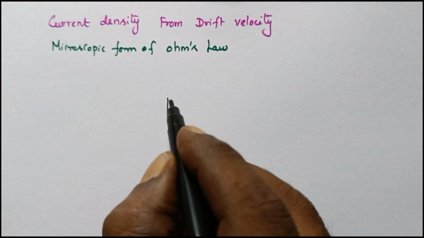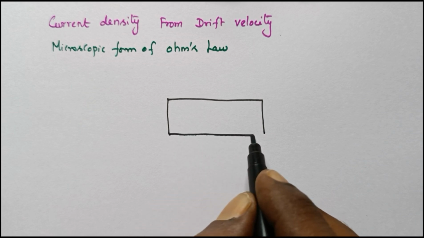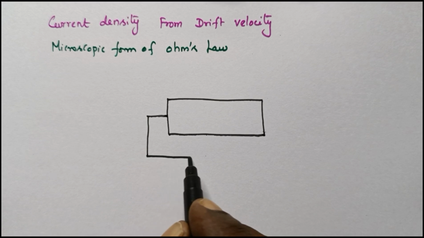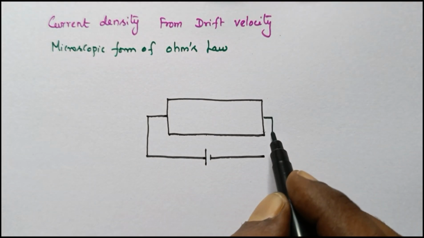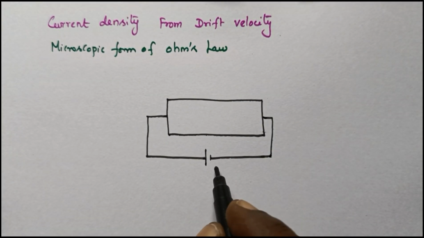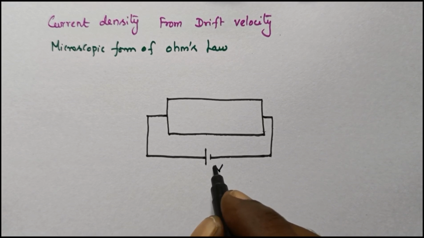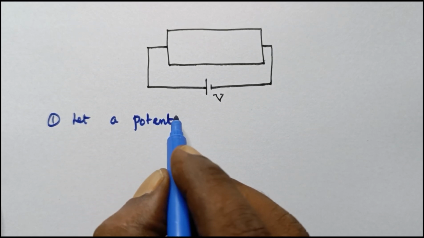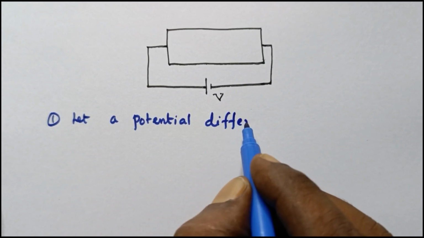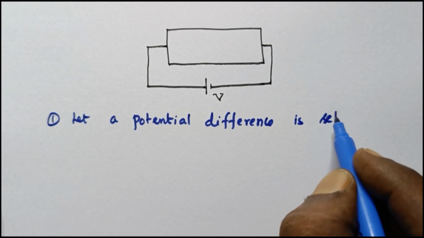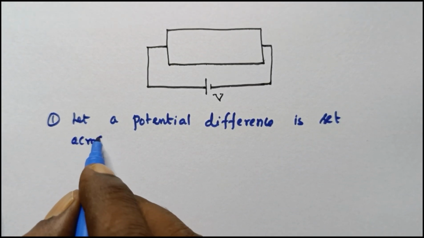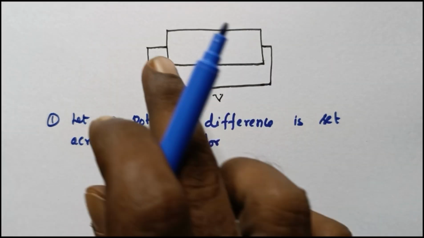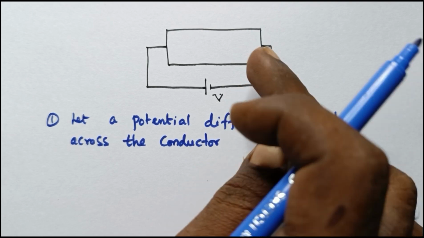Let us consider a conductor. This is a conductor. This conductor is connected to a battery. The potential of the battery is V. Let a potential difference be set across the conductor. இந்த கண்டக்டருக்கு இடையில ஒரு பொட்டன்ஷியலை நம்ம அப்ளை பண்ணுறோம்.